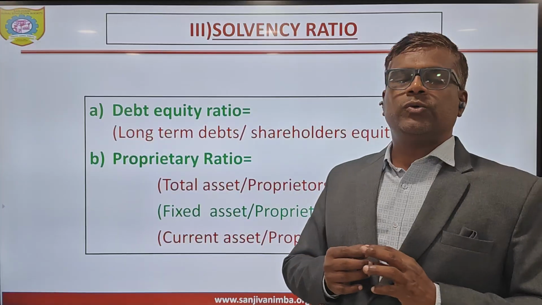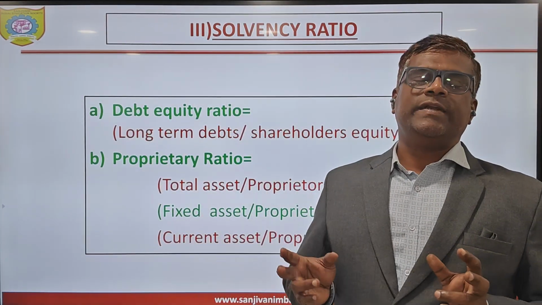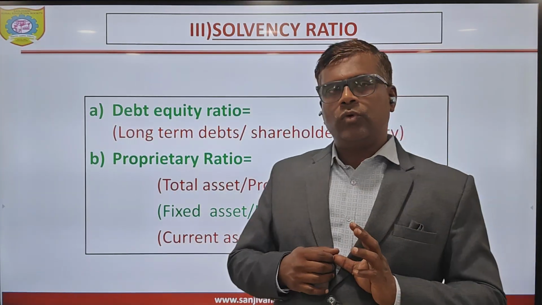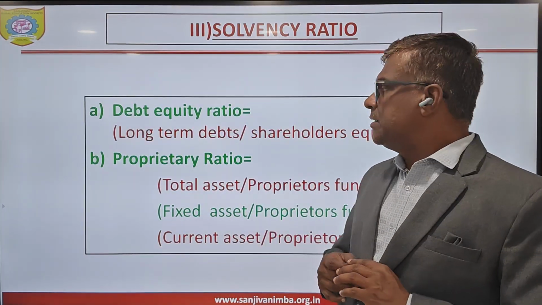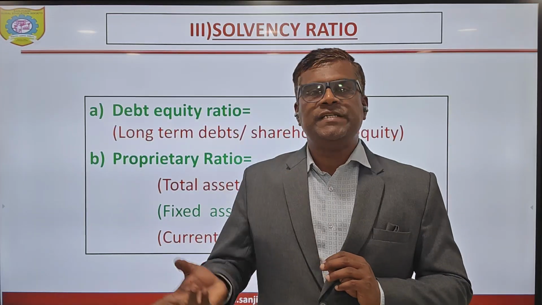So the debt equity ratio can give a better reflection between the risk and expensiveness while raising the capital. If you raise more capital through debts, it is risky for the business. And if you are using more equity shares in your capital structure, it is more expensive in nature.